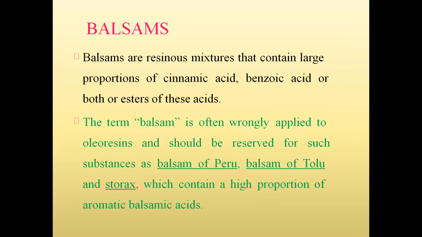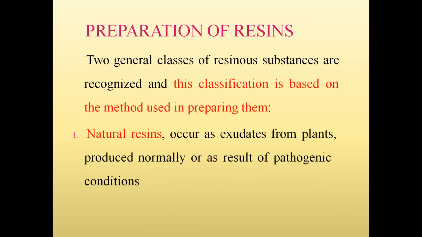Cinnamyl cinnamate is an ester form, and it contains a high proportion of aromatic balsamic acids. So this is all about the classification of resins according to the taxonomy, according to their main active constituent, and according to their association.